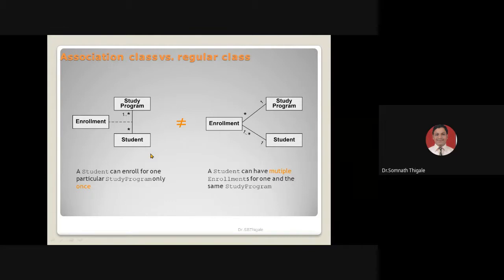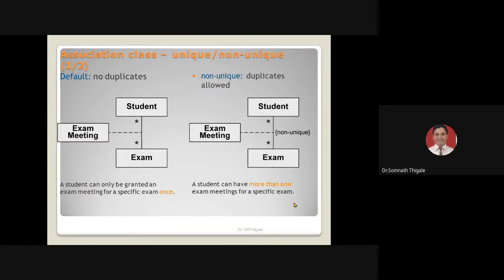A specific student can enroll for one particular study program only once. So regarding enrollments, one program only, whereas a student can have multiple enrollments for one and the same study program. Further, in a more simplified association style you can discuss this.